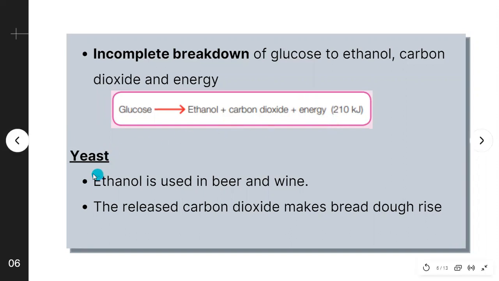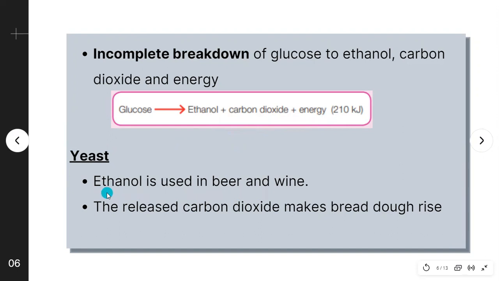First we give an example, which is yeast. Ethanol is used in beer and wine. Yeast undergoes fermentation and produces ethanol and also carbon dioxide. The ethanol produced by the yeast is used in beer and also wine, basically in our alcohol consumption.